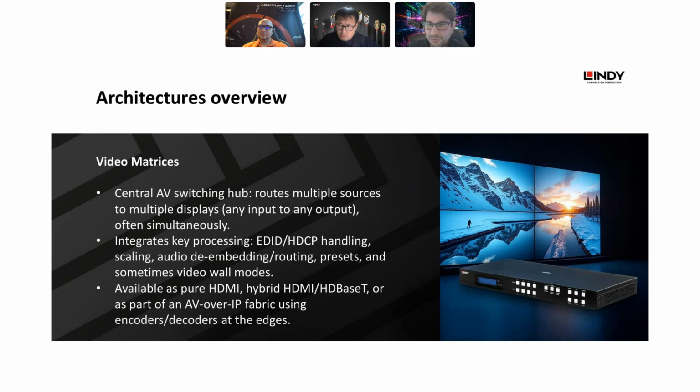Integrates key processing, EDID, HDCP handling, scaling, audio de-embedding, routing, presets and sometimes video wall modes. Available as pure HDMI, hybrid HDMI, HDBaseT, or part of an AV over IP fabric using encoders, decoders at the edges.